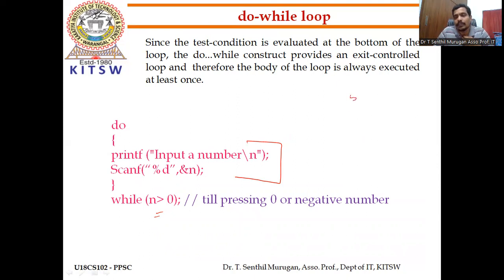For example, you give 5. So 5 is greater than 0, the condition is true, so again it will get a value. Next you give 10, and it will check. When you give 0 or a negative value, the condition fails, and it will come out of the loop.